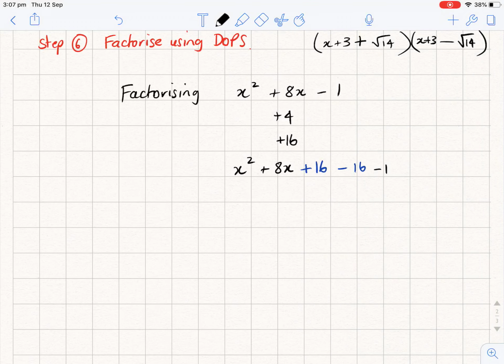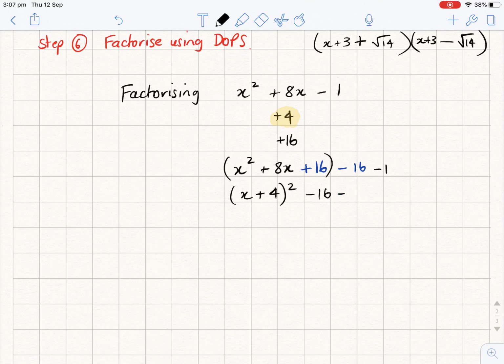Now in my expression, the first 3 terms will always be factorized. I want 2 numbers that multiply to equal 16 and add to give 8. And those 2 numbers will always be whatever I wrote down here. So I can shortcut and just write that down. Be x plus 4 all squared.